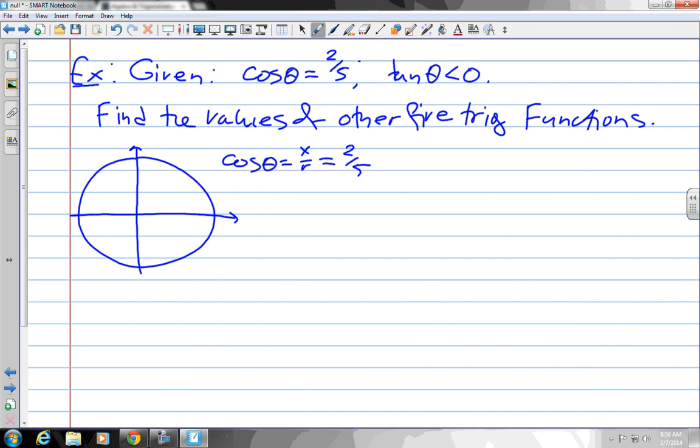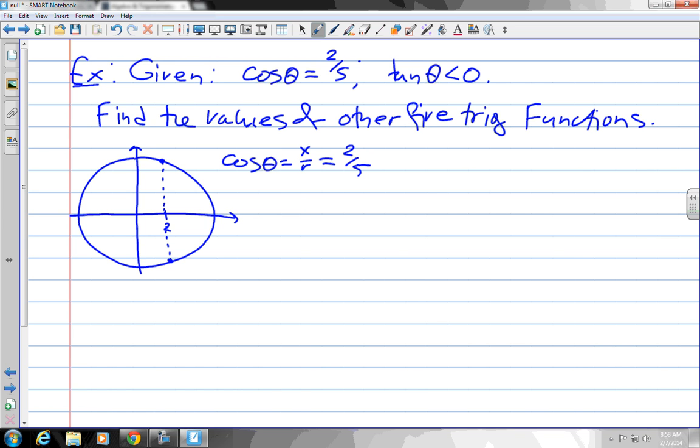Well, I have two options. This is the x equals 2. So the point can either end over here, x is 2, r is 5, or the point can end over there. X is 2, r is 5, right? So I have two options right now, but only one of them is going to be correct.